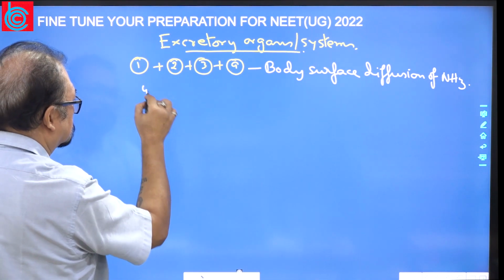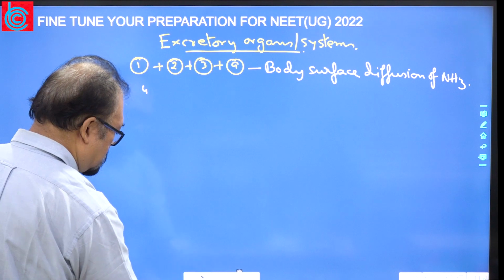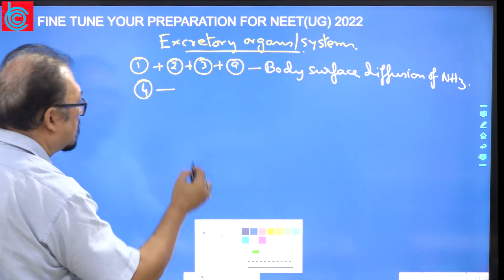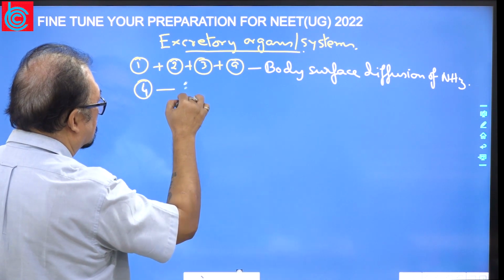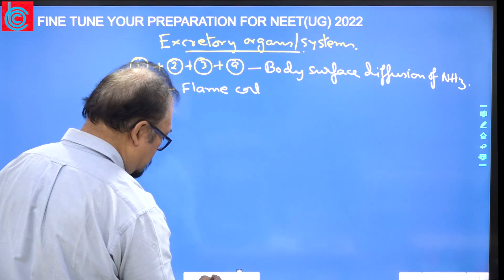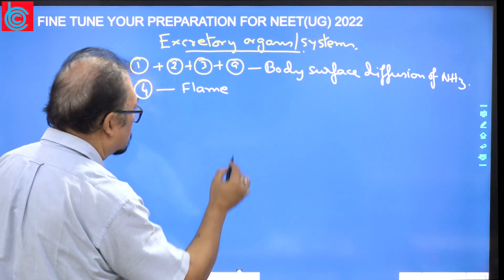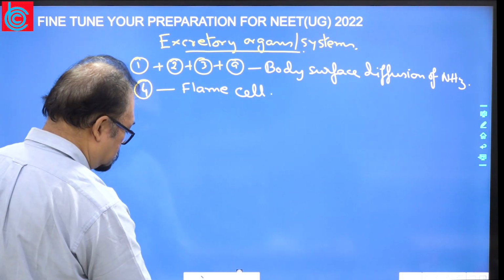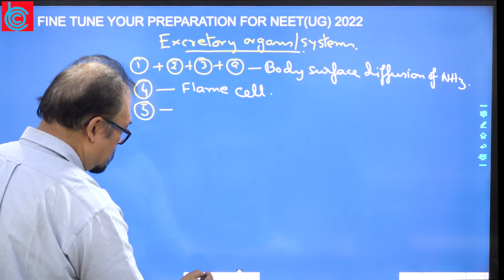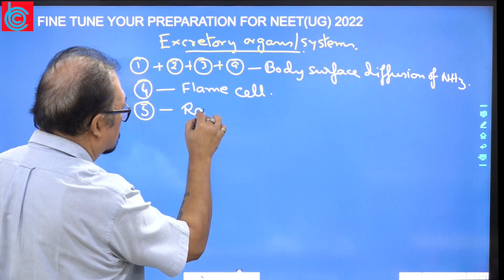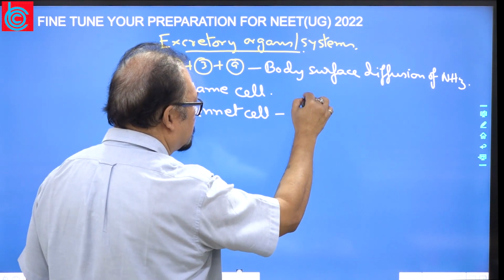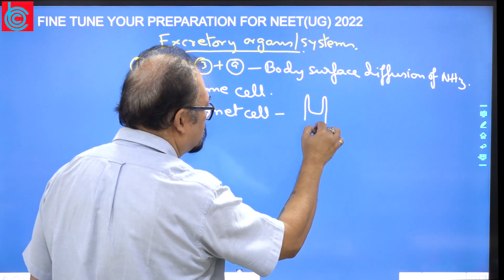Platyhelminthes: flame cell. Aschelminthes: renette cell, which is a single H-shaped cell present throughout the body.